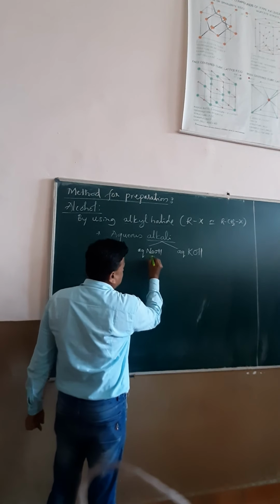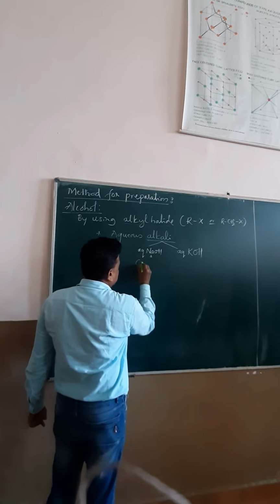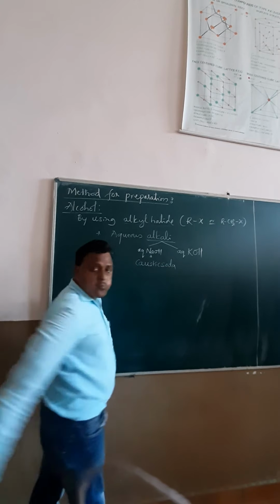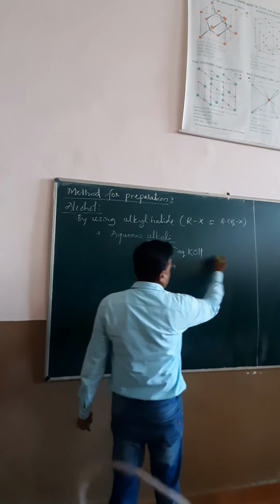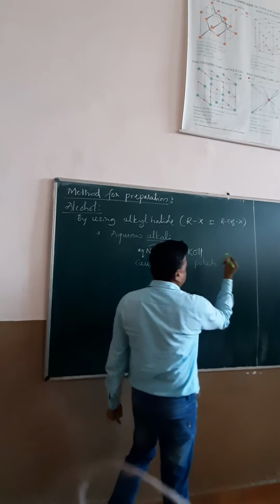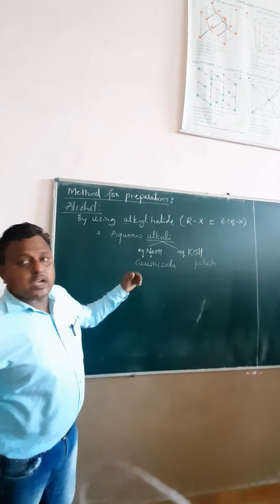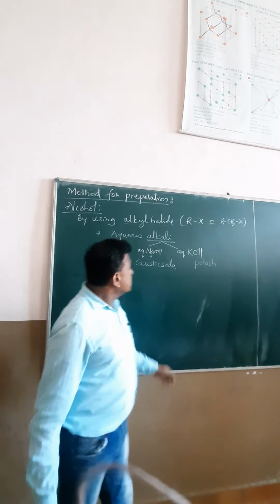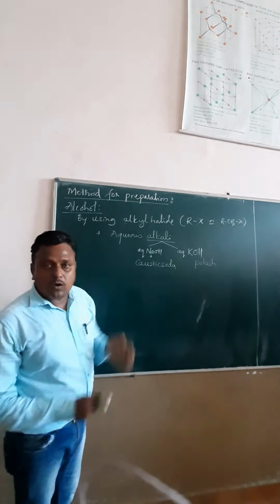In our chemistry language, it is called caustic soda. KOH is potassium hydroxide, which we commonly call potash. Either you can use caustic soda or potash for the preparation of alcohol.